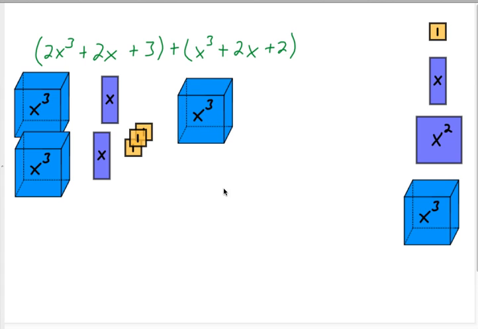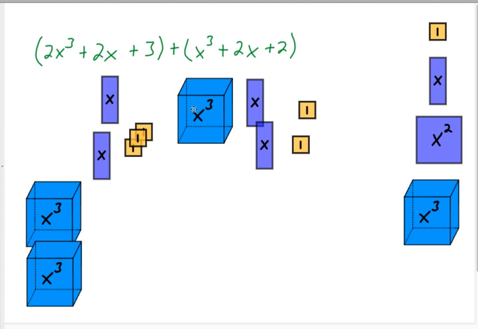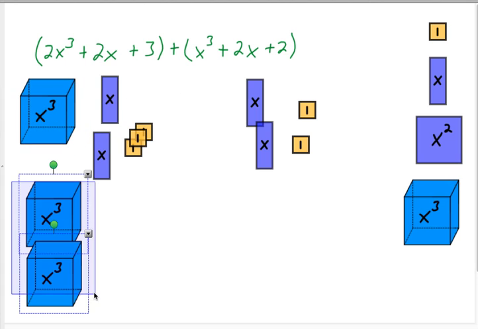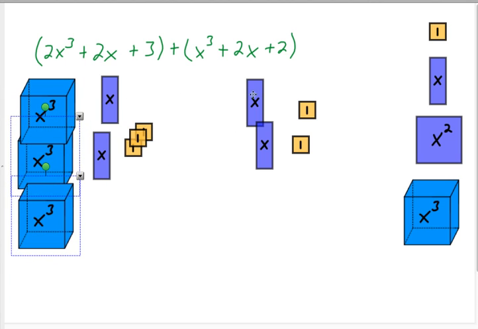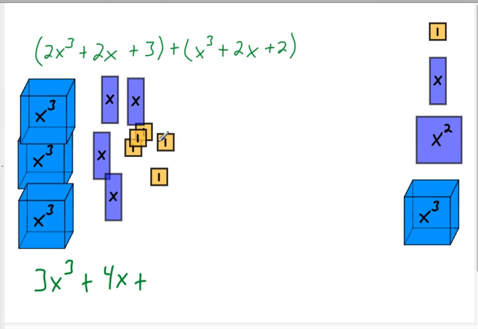So that's why I'm going to bring out 1x cubed here, and plus 2x plus 2. Okay, now combining like terms, we have 3 of these, we have 4 of these, and we have 5 of these. So it's going to be 3x cubed plus 4x plus 5 is our final answer.